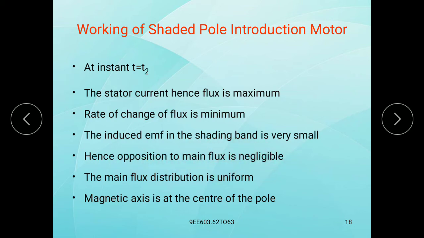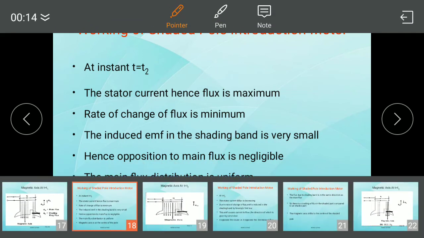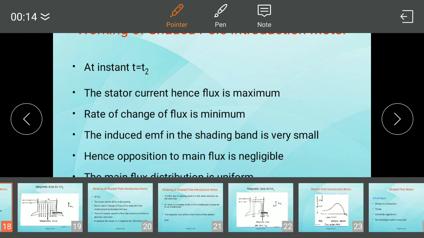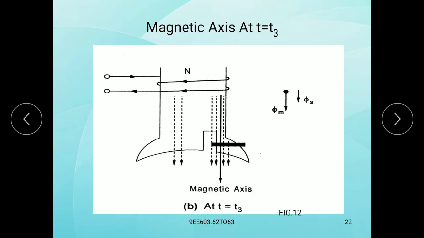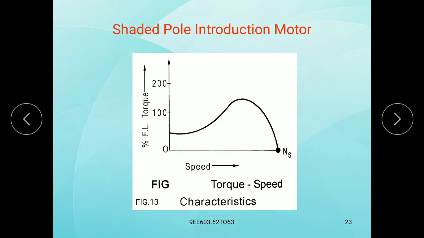So here the flux distribution is uniform. But at t equal to t3, both fluxes are in the same direction.